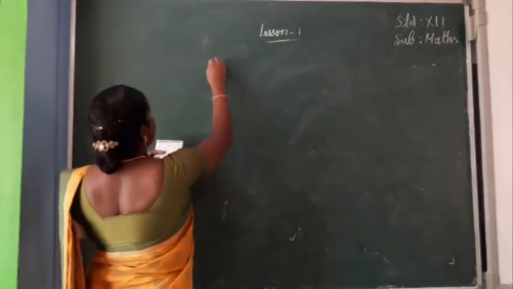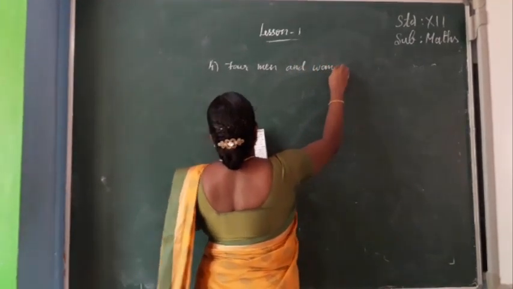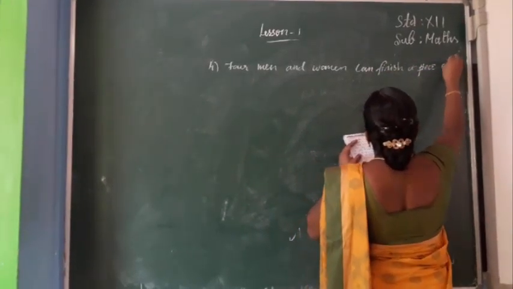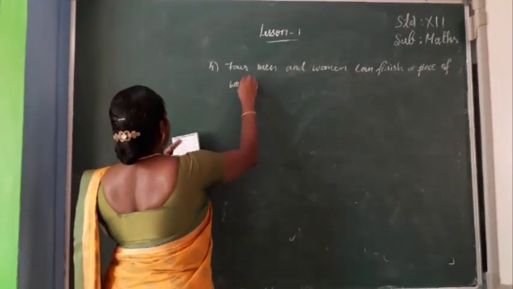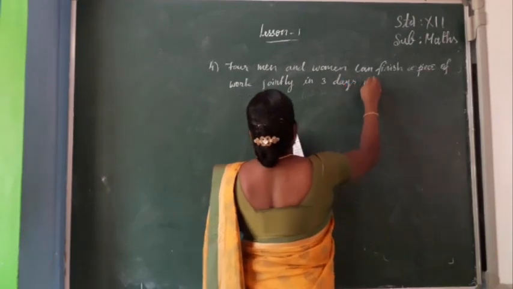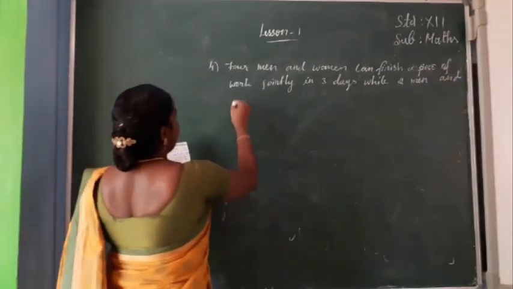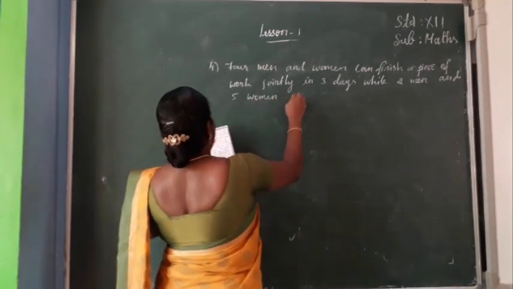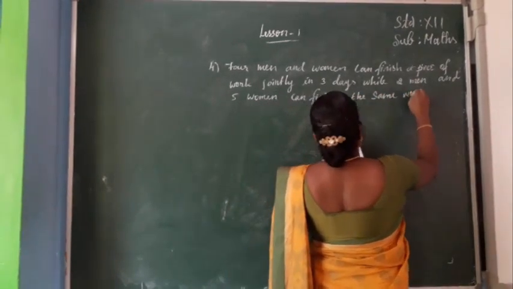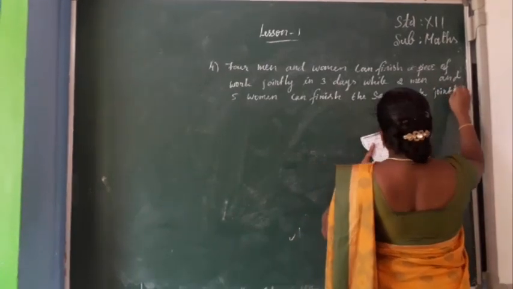Question number 4 is: 4 men and 4 women can finish a piece of work jointly in 3 days, while 2 men and 5 women can finish the same work jointly in 4 days.